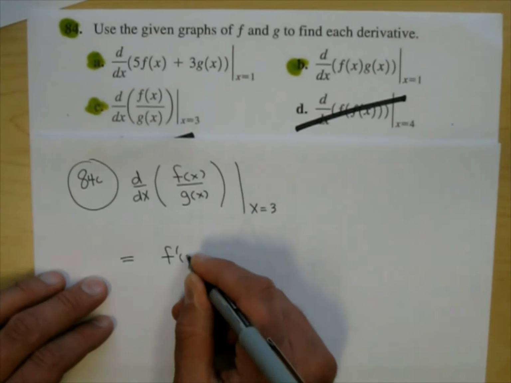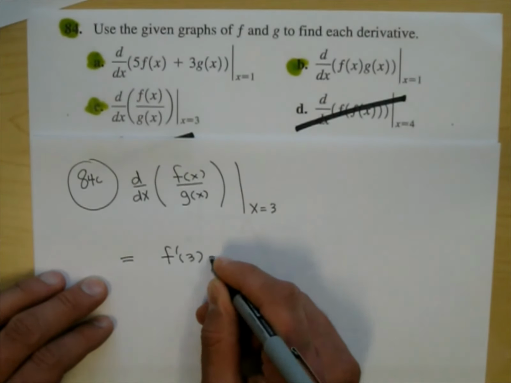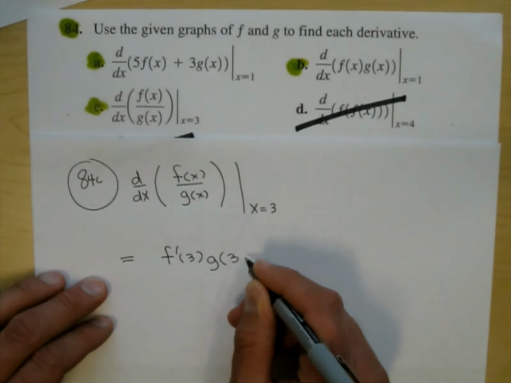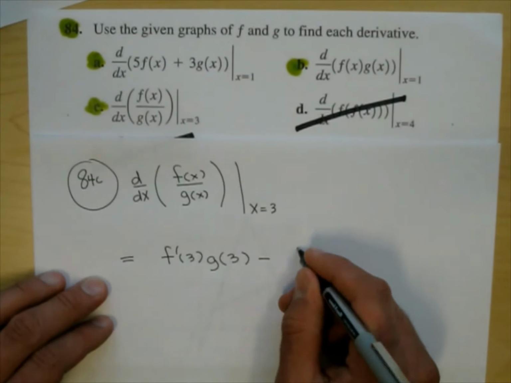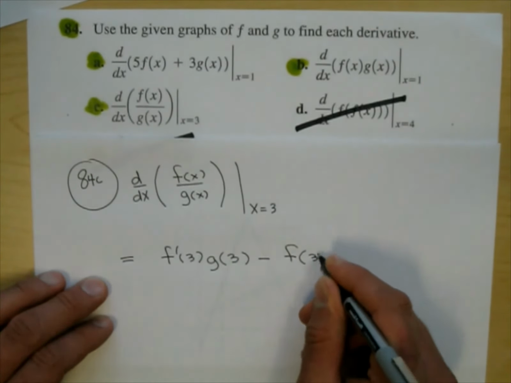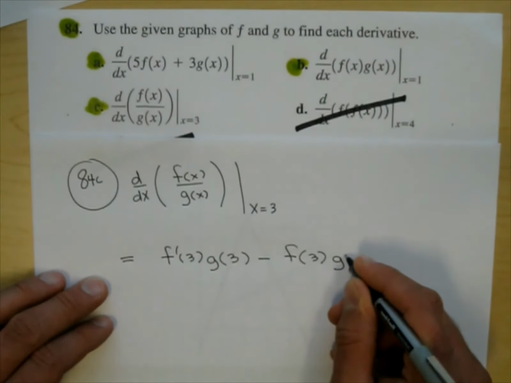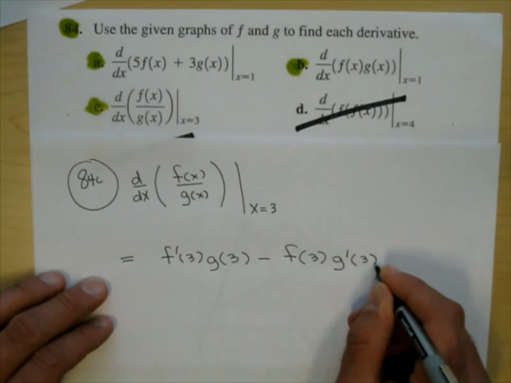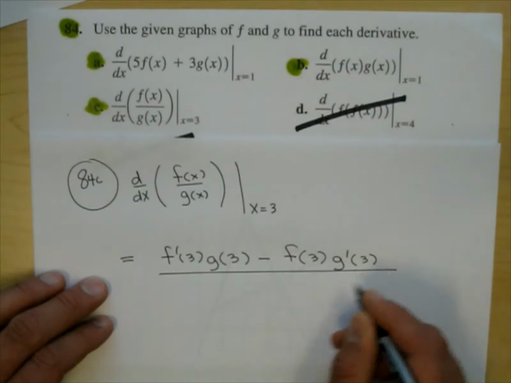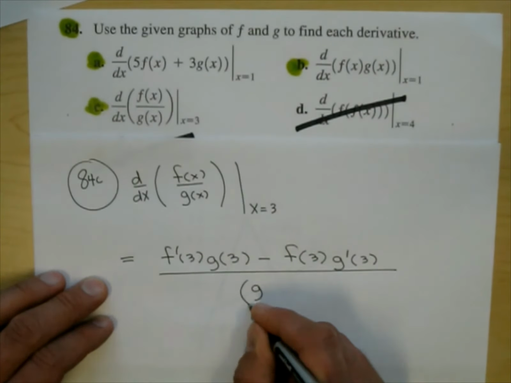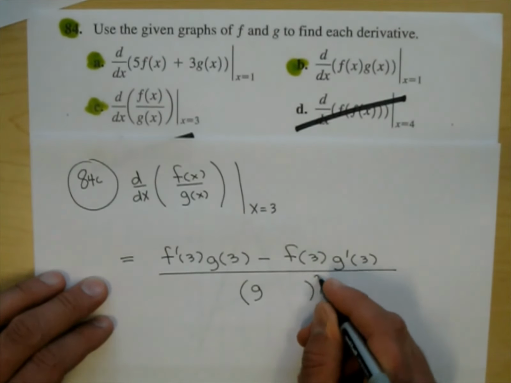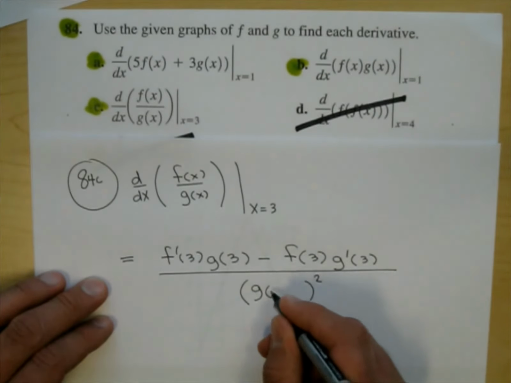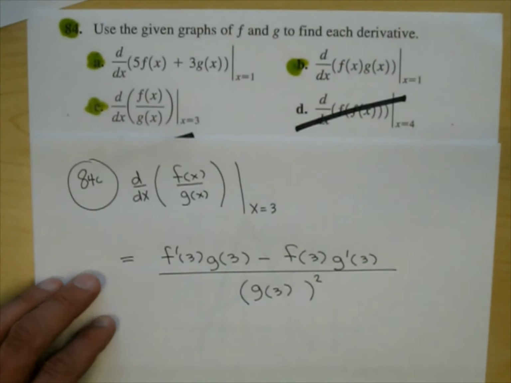So the derivative of the top times the bottom, evaluated at 3, minus the top, evaluated at 3, times the derivative of the bottom, evaluated at 3. This is all over the bottom squared. Of course, the bottom evaluated at 3 squared.